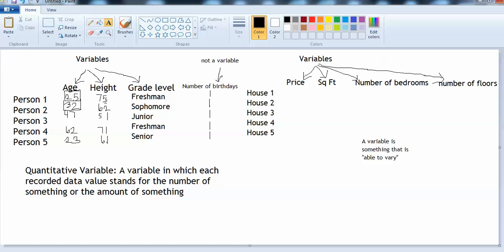Each person's height is showing the amount of height that the person has. So height is a variable. And if we were recording number of children, that would also be a quantitative variable, because each data value would be either the number of something or the amount of something.